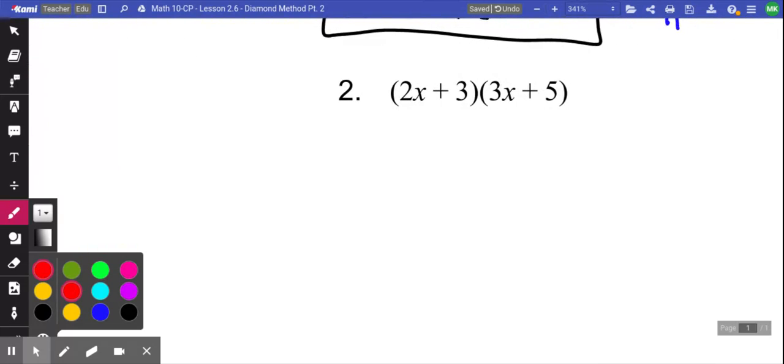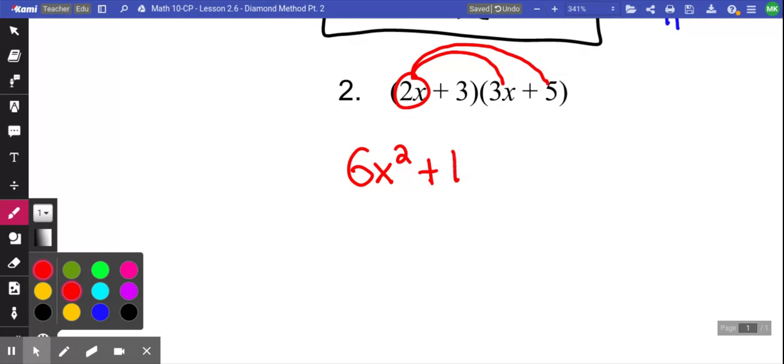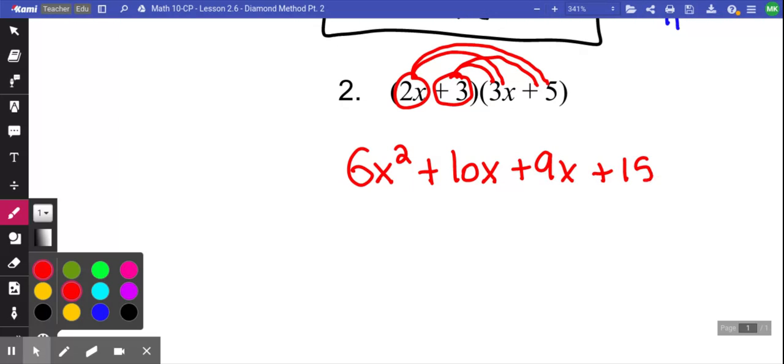If we look over at number 2, we now have 2x times 3x is 6x squared. 2x times 5 is plus 10x. 3 times 3 is plus 9x. 3 times 5 is plus 15.